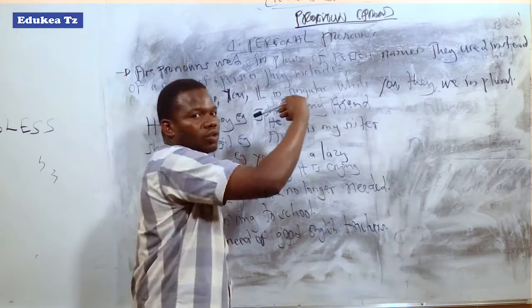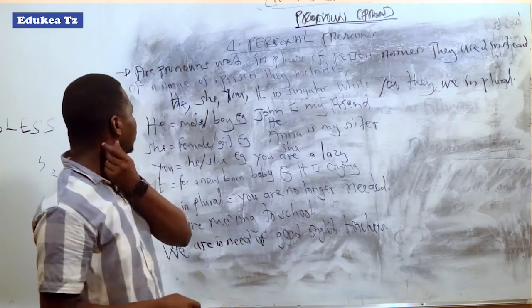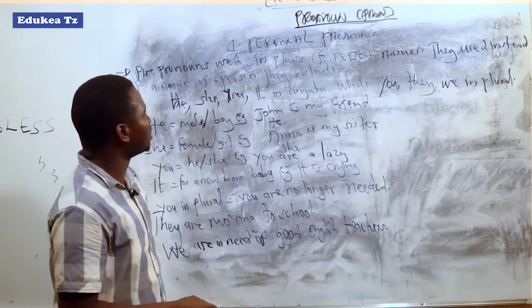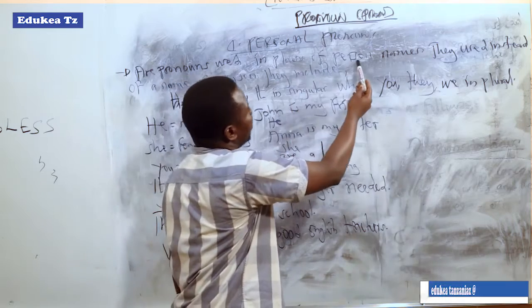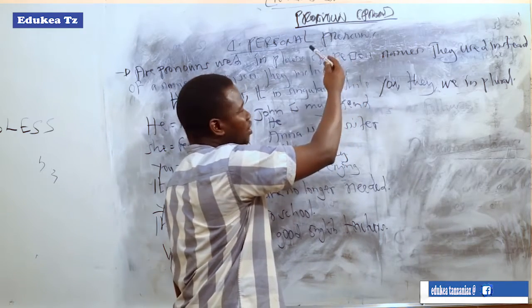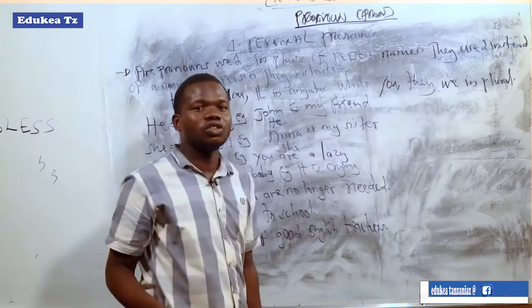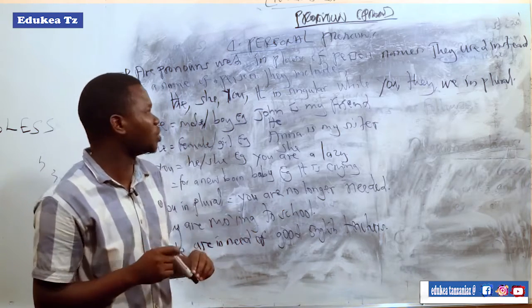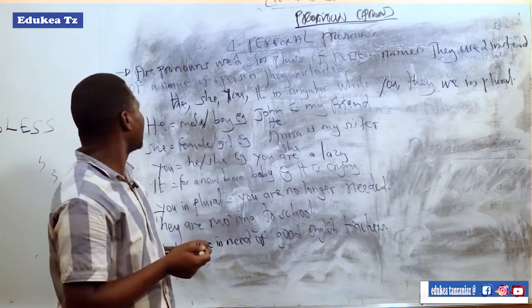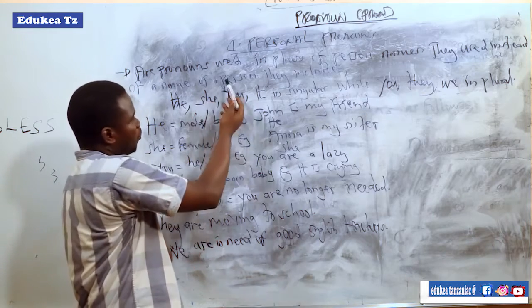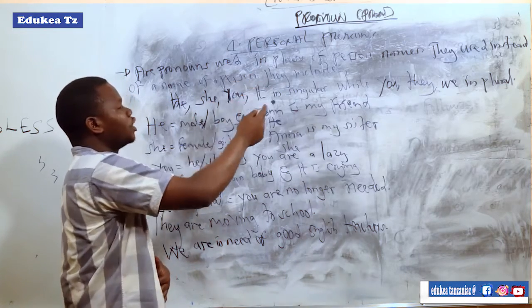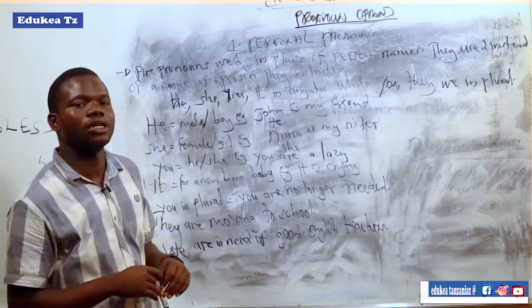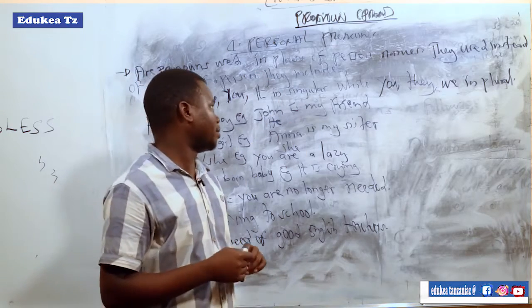So these are pronouns which are used in place of personal names, and they are used instead of the name of a person. We use them to represent those personal names.